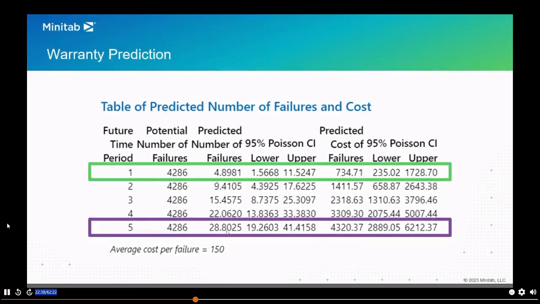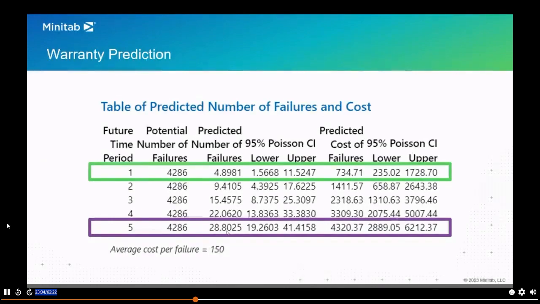We can also put confidence intervals around it. So, I predict 5 failures, but I can also be 95% confident that I'm going to see somewhere between 1.5 and 11.5 failures. So I could see as many as almost 12 failures in the next year of the 4,286 units that are currently out in the field.